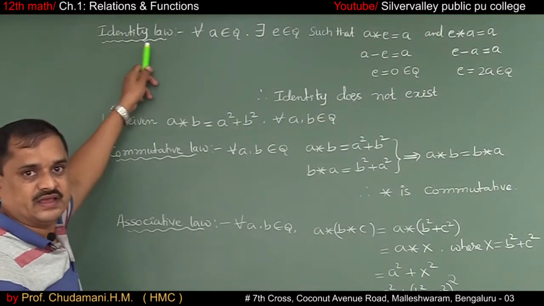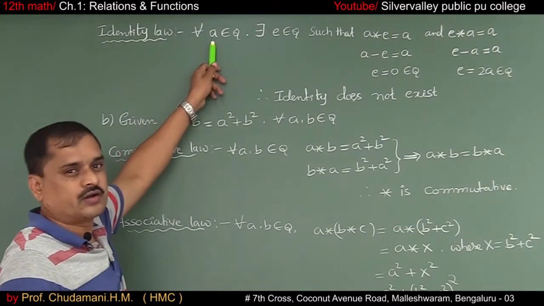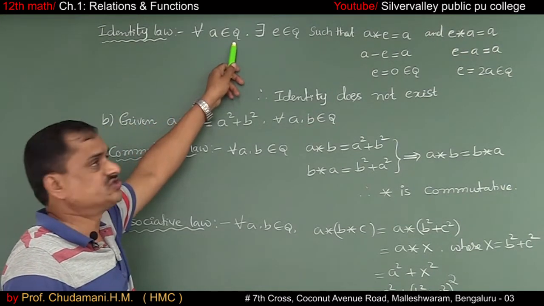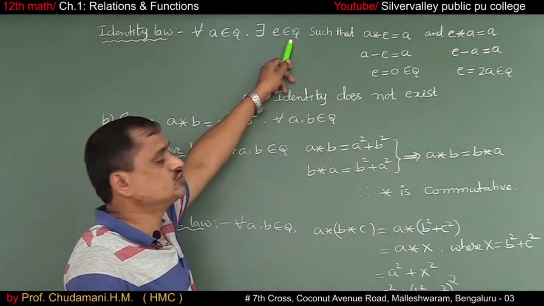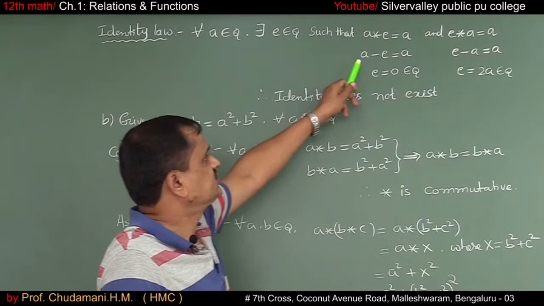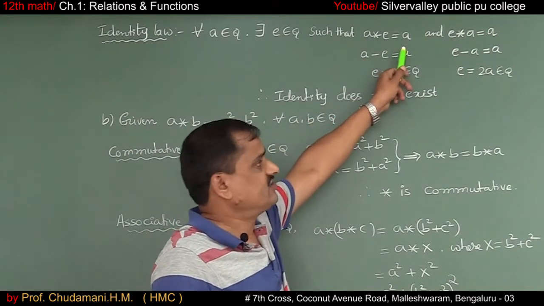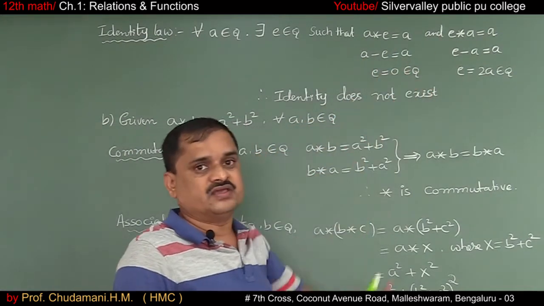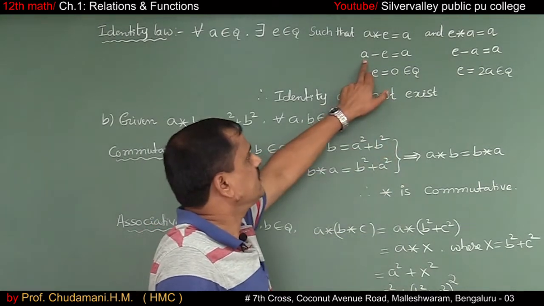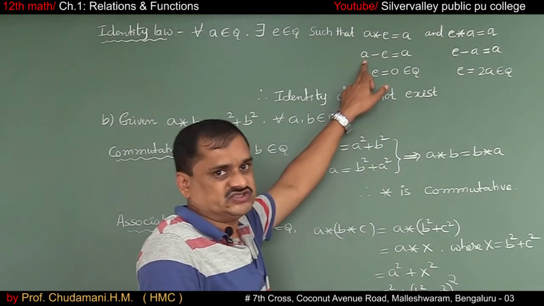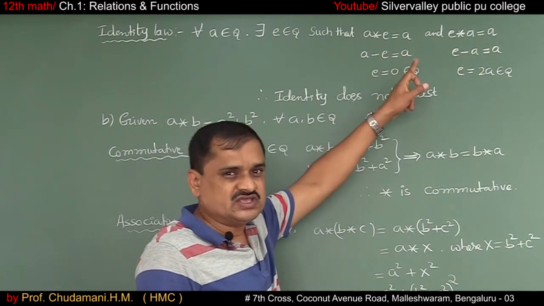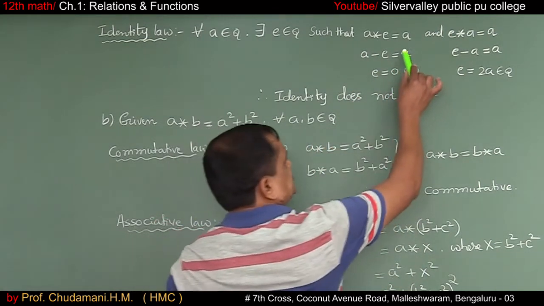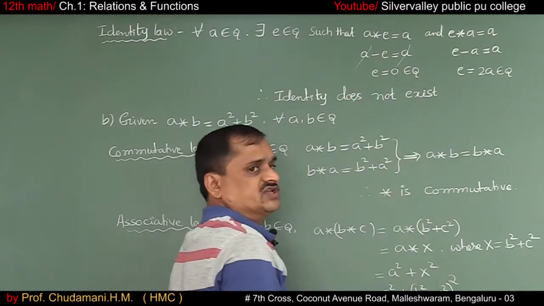Let us verify identity law. For all elements A belonging to the set Q, there exists an identity element E also belonging to the set Q, such that A star E is equal to A and E star A is equal to A. A star E means A minus E is equal to A. A gets cancelled, minus E is equal to 0, which is the same as E is equal to 0.